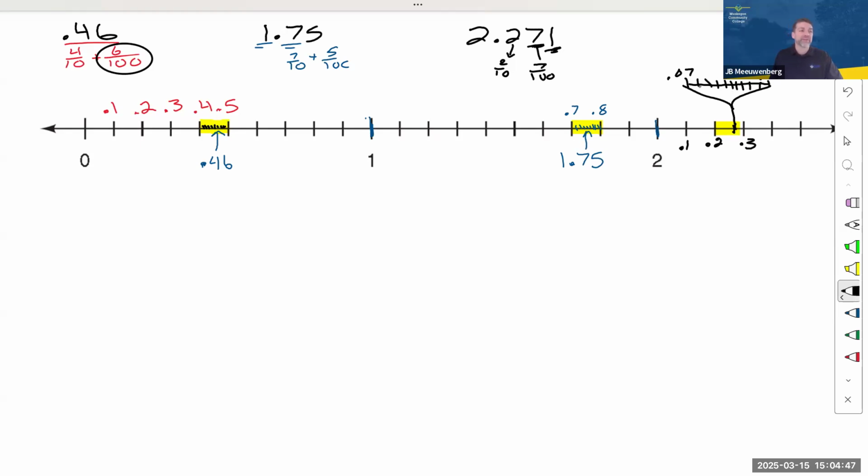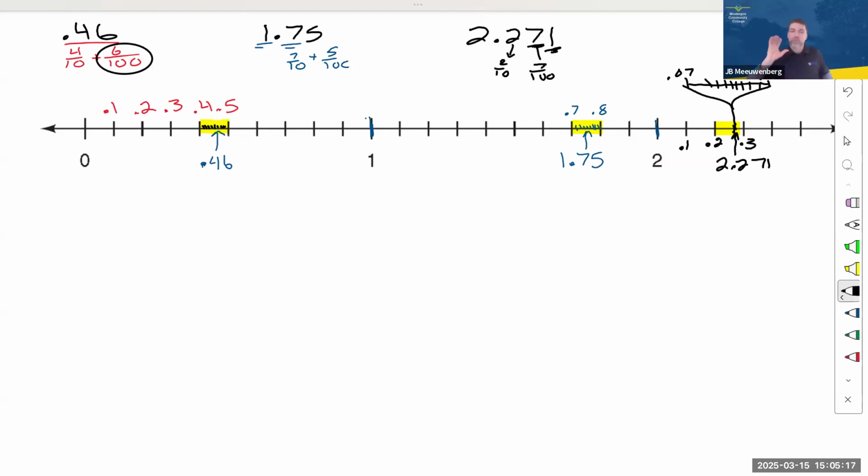The 0.071 is going to be that very first one. It's hard to indicate that level of detail when we're this spread out, but it will exist right about there, right? 2.271. So the scale of the number line that you're working with will sort of dictate what level of accuracy you're able to do. All right, so that's our modeling, right?